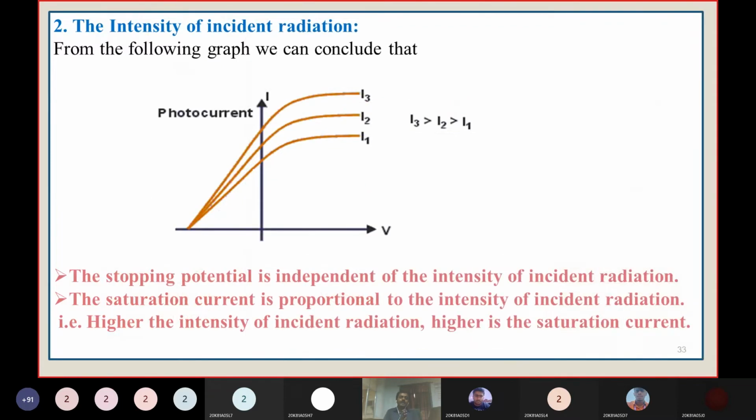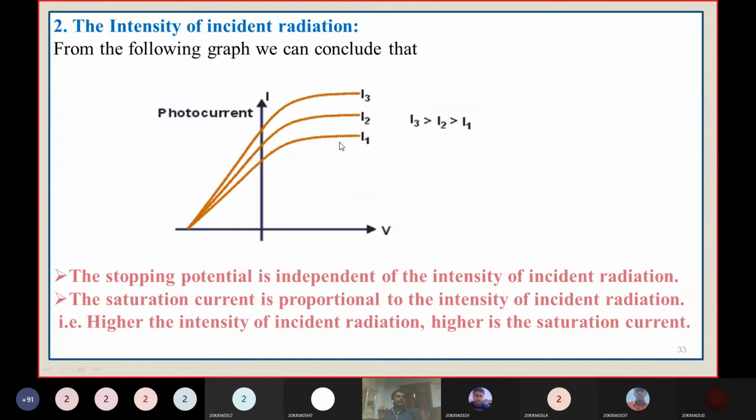Now, the first parameter is the stopping potential, and the second one is the intensity of incident radiation. Same curve, current versus voltage, but now we are increasing the intensity.